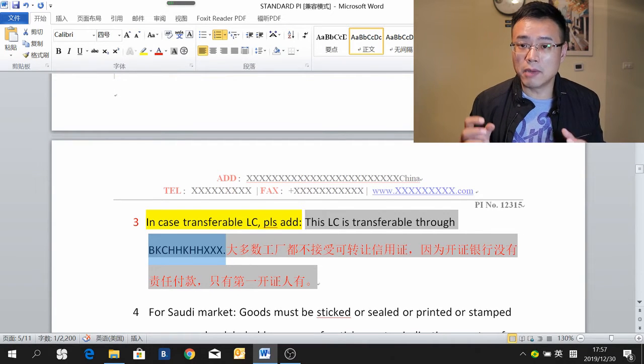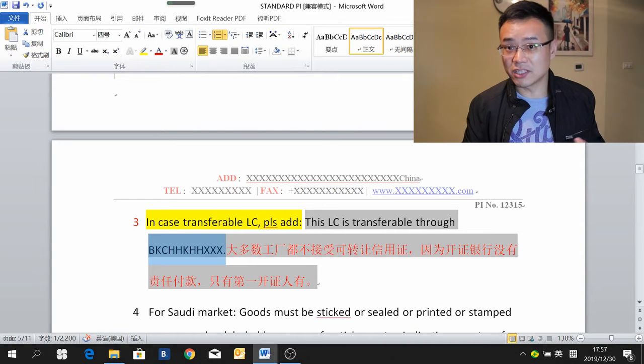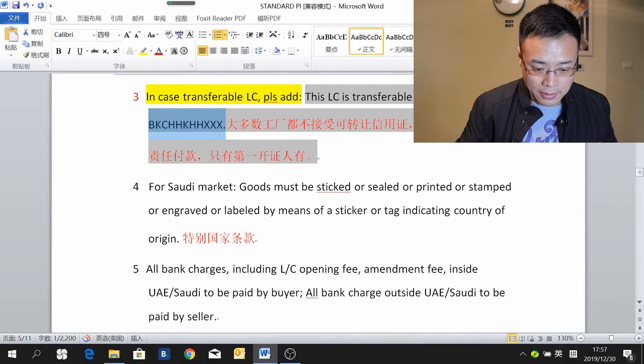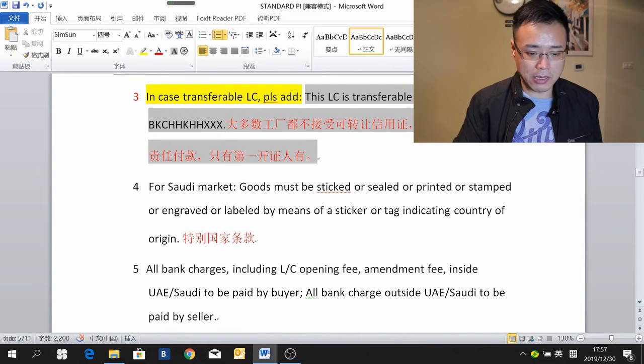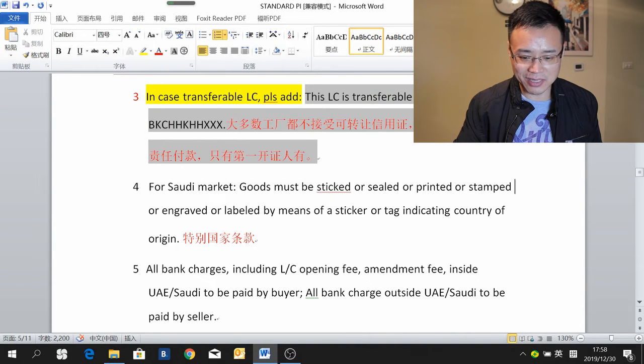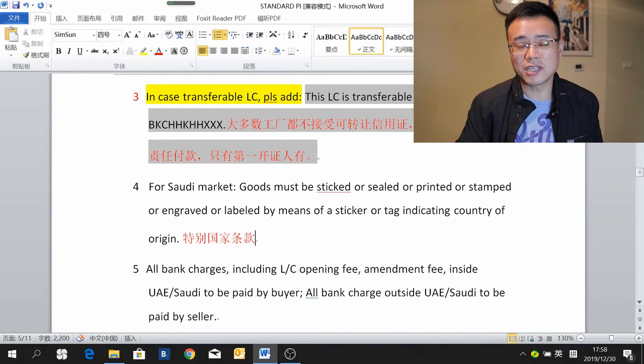That's why my bank will hold my funds, 110%, or use my facility, in order to do a back-to-back LC rather than issue a separate LC. Nobody likes transferable LC, so basically you don't even have to consider this, because nowadays, do you receive transferable LC? For a long time I didn't receive it.